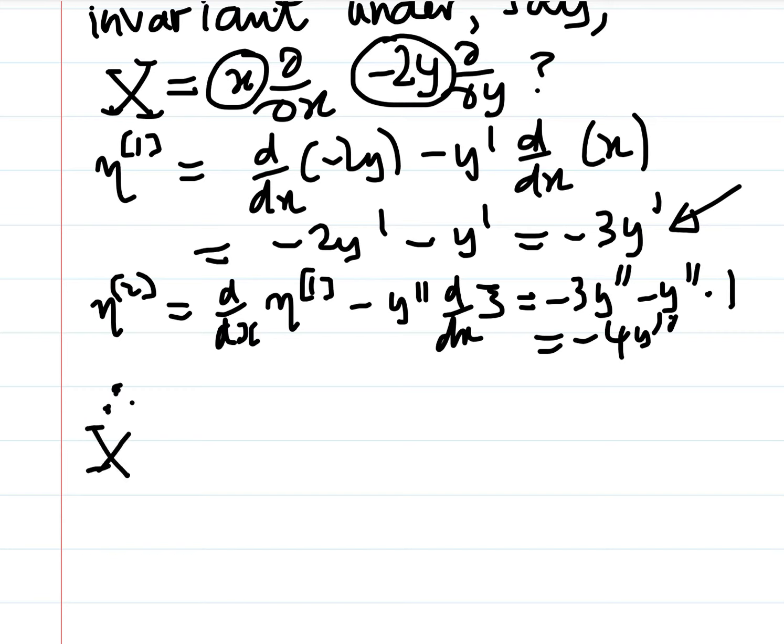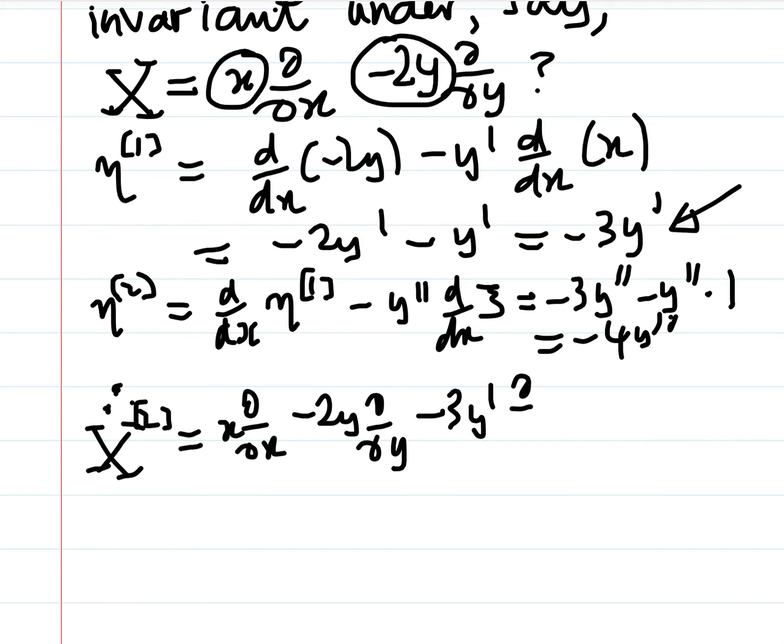So that, therefore, the operator, the vector field x2 is equal to x itself, then eta 1 times d by dy dashed. So this is minus 3y dashed d by dy dashed, and then eta 2, which is minus 4y double dashed, d by dy double dashed.